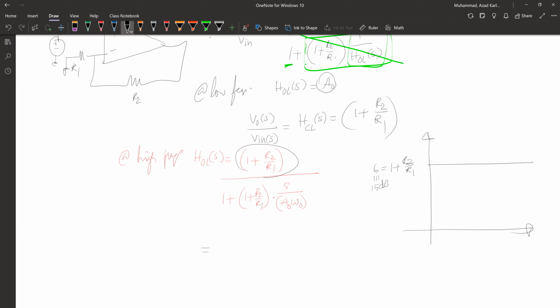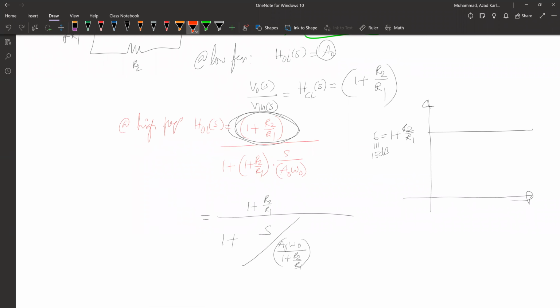So let me call this the closed loop gain, the ideal case closed loop gain. So 1 plus R2 over R1 over 1 plus S over A naught omega naught over 1 plus R2 over R1. Just a little rearrangement. So how does this look? It will start here, and it goes down once it reaches this frequency, A naught omega naught over 1 plus R2 over R1.